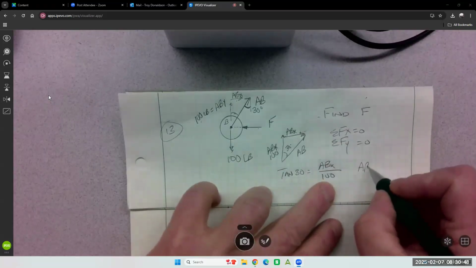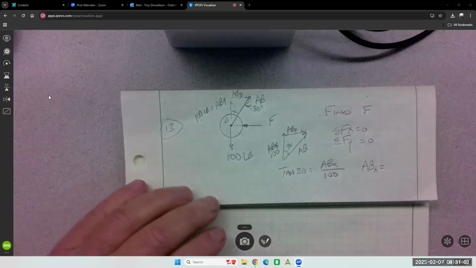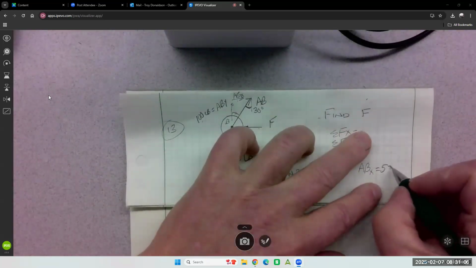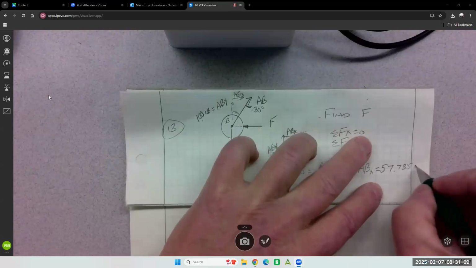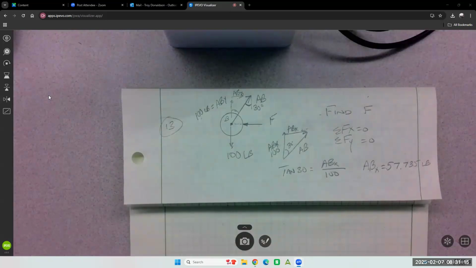So what's ABX equal? 100 times tangent 30. 57.735. So then what's AB equal?